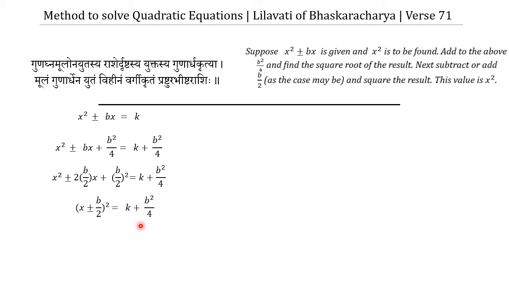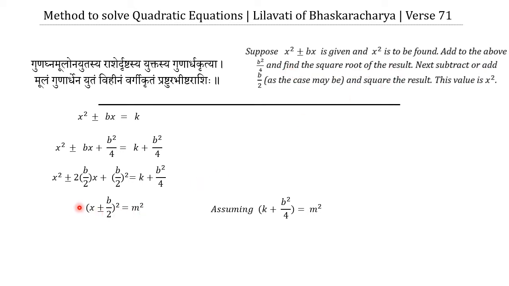So now we assume that the right hand side is equal to a perfect square, m square. We substitute that, we get x plus minus b upon 2 the whole square is equal to m square. So the next step Bhaskaracharya says is that we have to find the square root of this result.